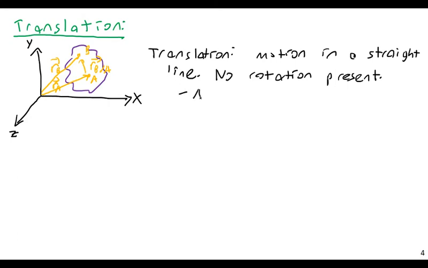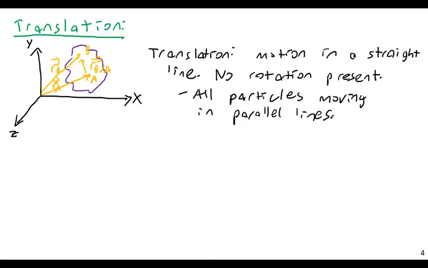And all particles moving in parallel lines. So if you want a good example of pure or reasonably pure translational motion, I can think of some different ones. The simplest example, or a simplistic example, would be something like a train.